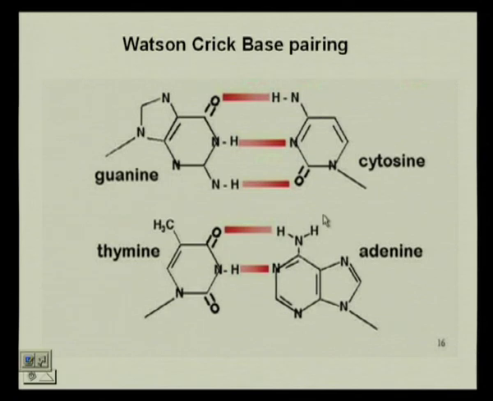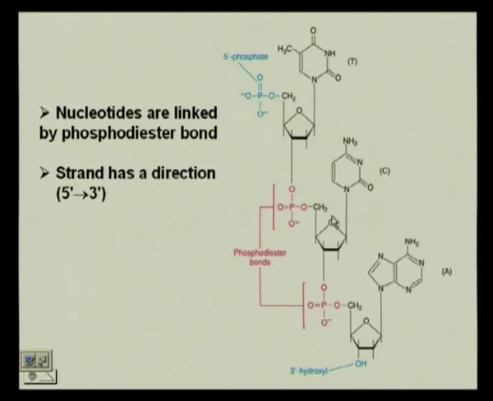Okay. So, now if we look at the structure, what is going to happen? When we have T at this position, we are going to have a linking of the T with an A of the other strand. If we are looking at a C here, we are going to have this link with a G of the other strand.